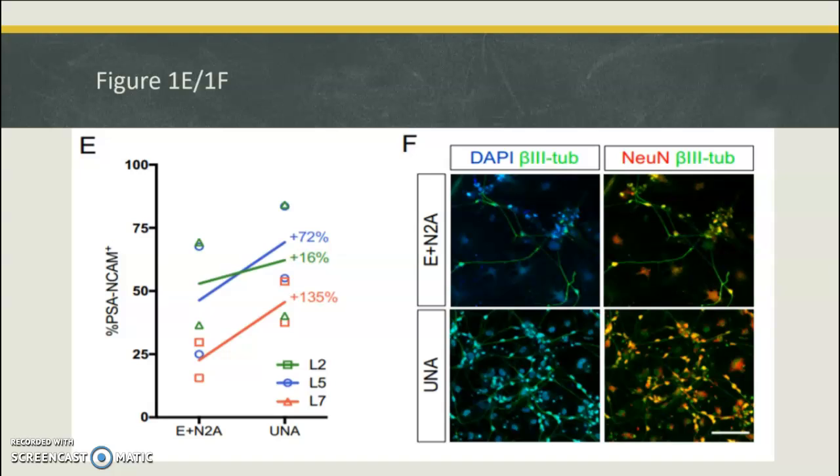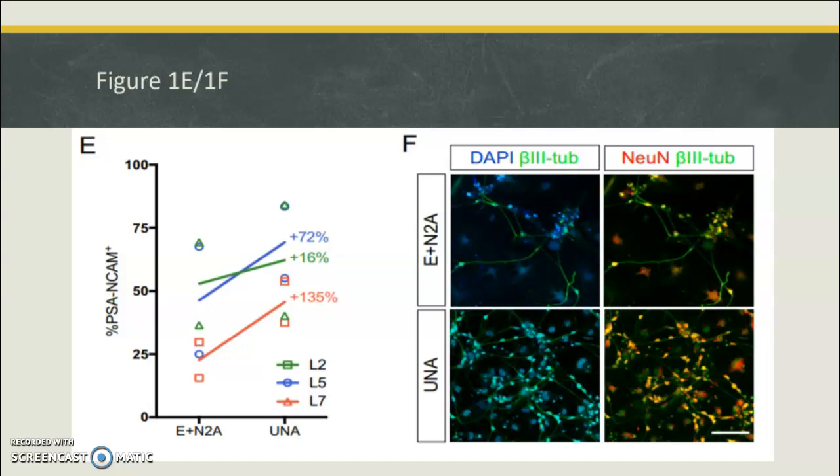Moving on to figure 1f. This describes the immunocytochemical co-staining for the neuronal markers beta-3 tubulin and NEUN. The top row shows the co-staining in the old construct, while the bottom row shows the co-staining in the new UNA construct. Visually, you can see a higher degree of expression in the new construct for both neuronal markers.